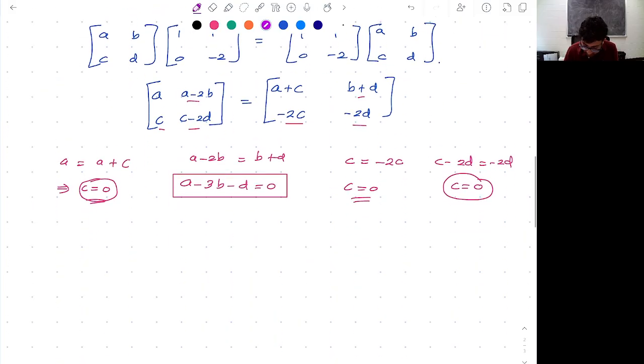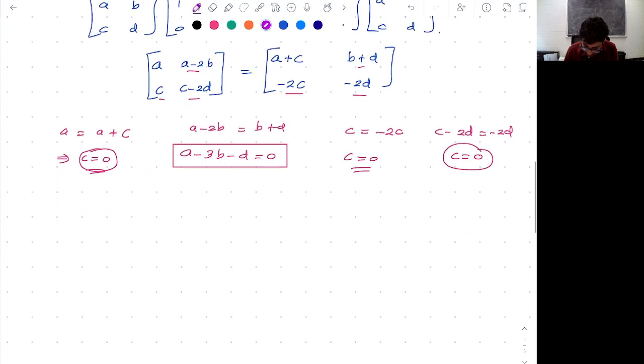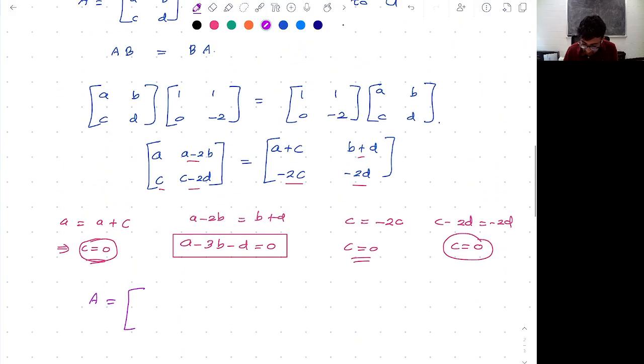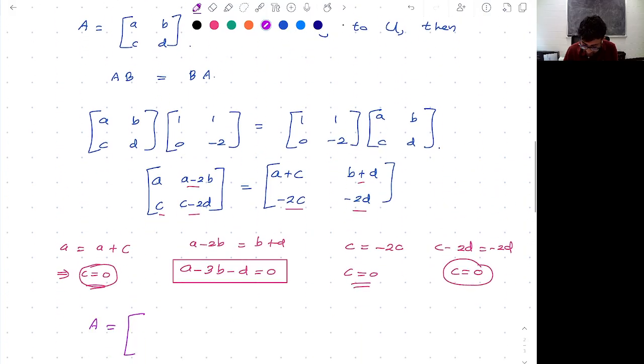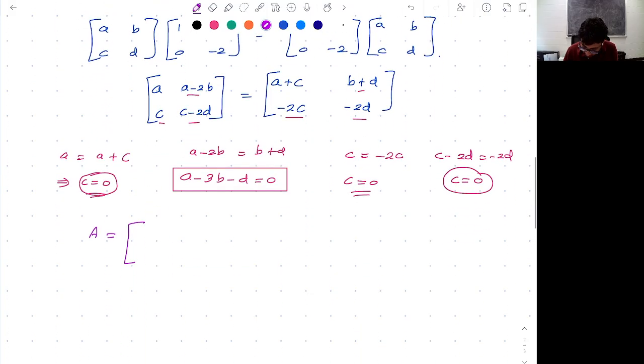Okay. So what can I say about the matrix? Now if A commutes with matrix B, then it should look like A, B, C should be 0 and D. Okay, but I have a relation that connects A, B and D. So A minus 3B minus D equals 0.